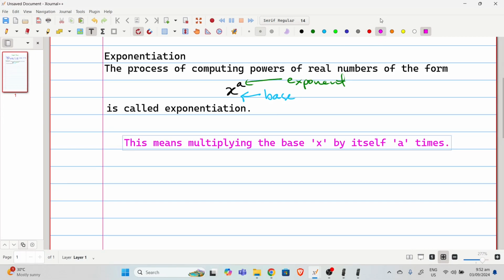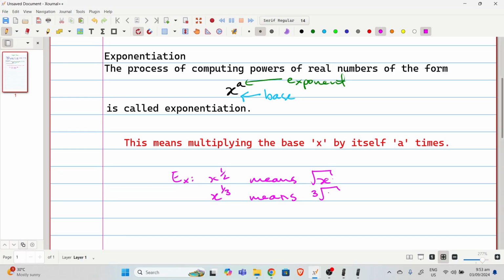If you have x to the half power, it means x square rooted, so the square root of x is x to the half power. Now let's say we have x to the 1/3 power. It means the cube root of x.